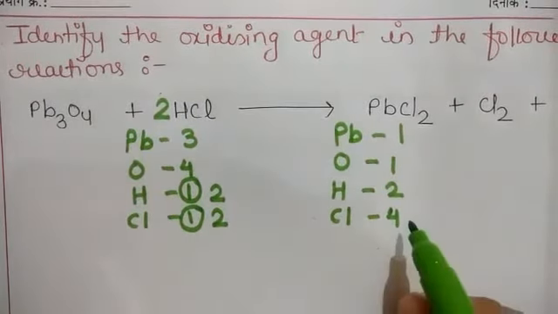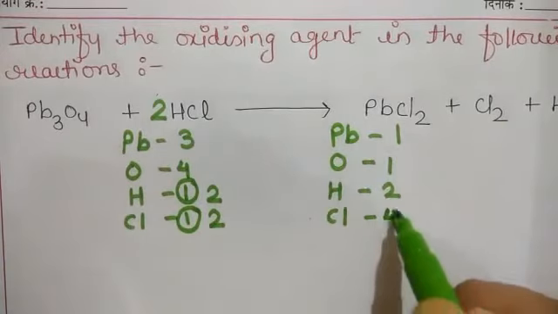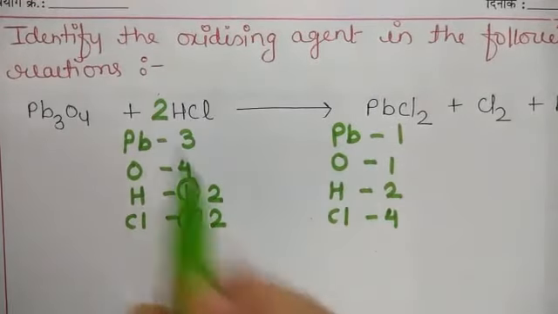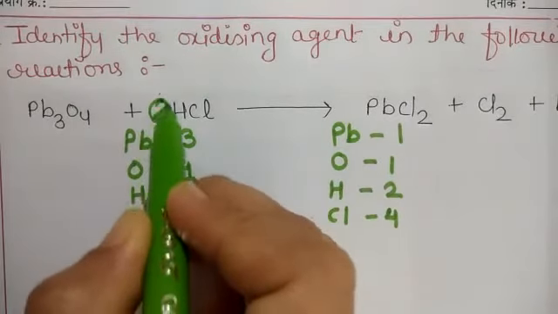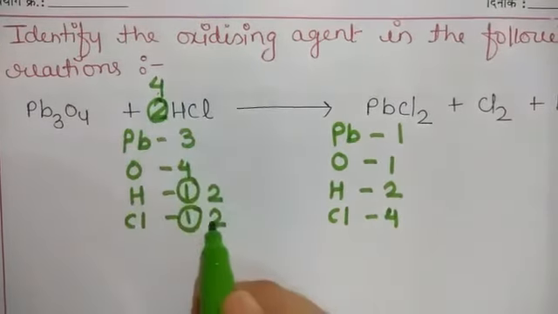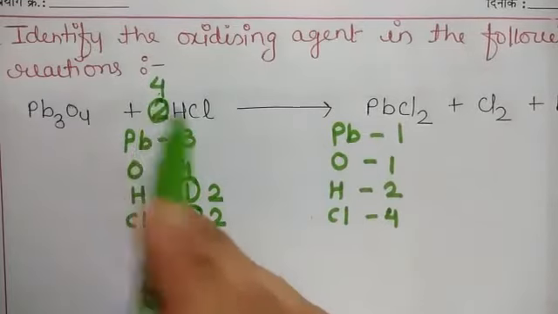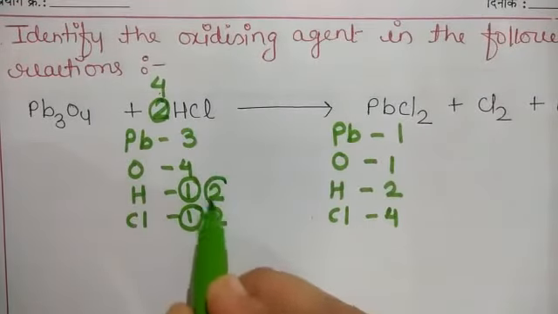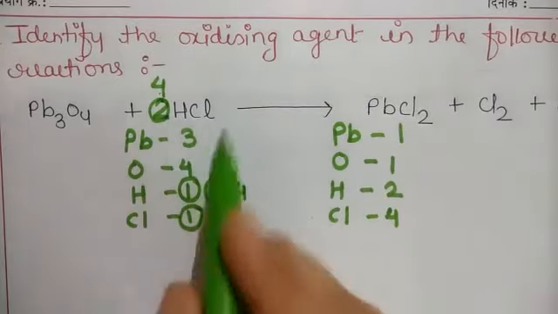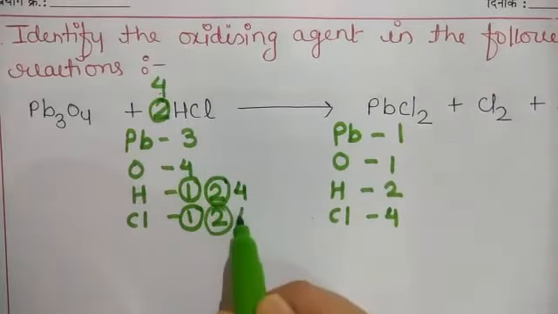If it is 4 here, then we have to change the value to 4 here also. So we'll circle it and write 4 here. So this chlorine now becomes 4, hydrogen will also become 4, and this chlorine will also become 4.